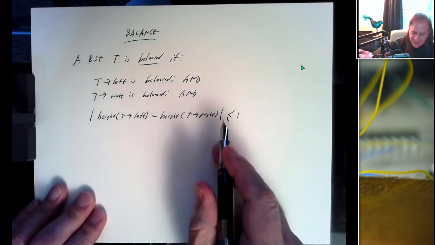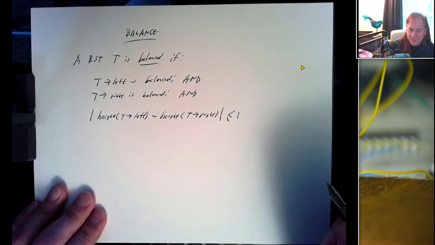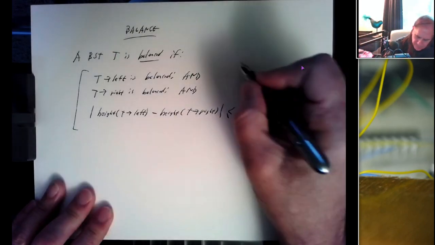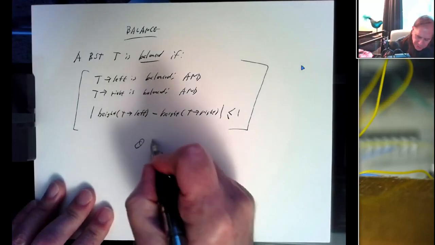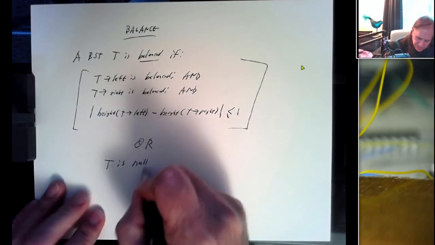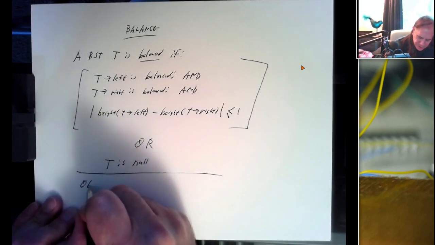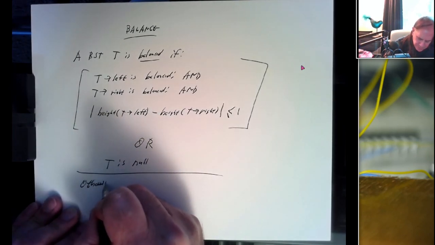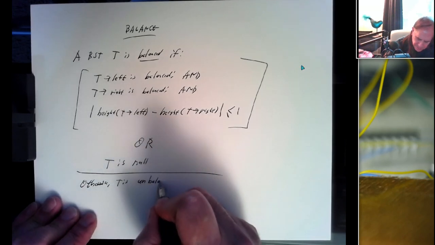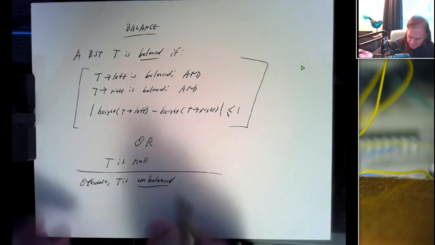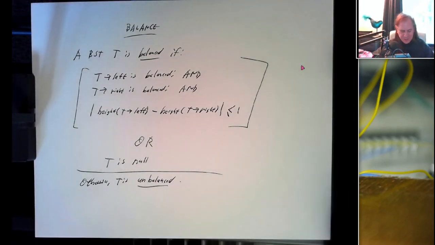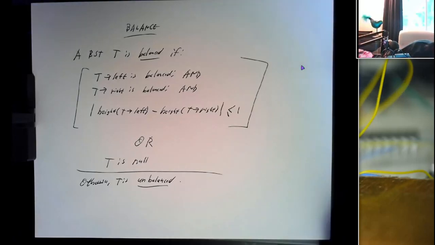So the absolute value of the difference in height should be less than or equal to 1. Or there's an edge case, T is null. Otherwise, T is unbalanced. So that's our definition. That's what we're going to use when we ask the question, is a tree balanced or not?